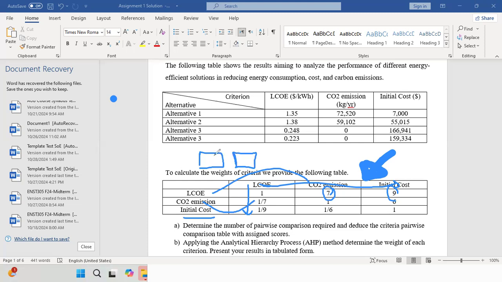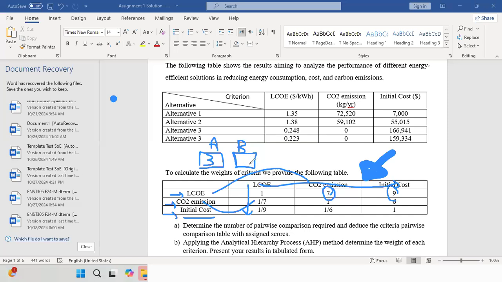How many criteria do I have here? I have 3 criteria: LCOE, CO2 emission, and initial cost. So I have 3 options to put here to compare with 2 options here.